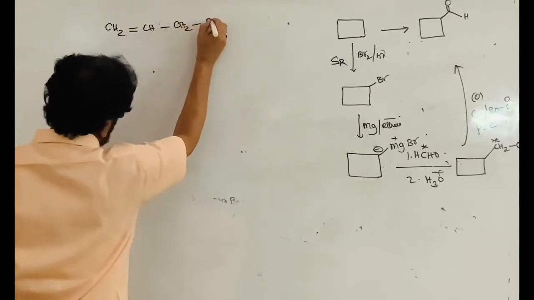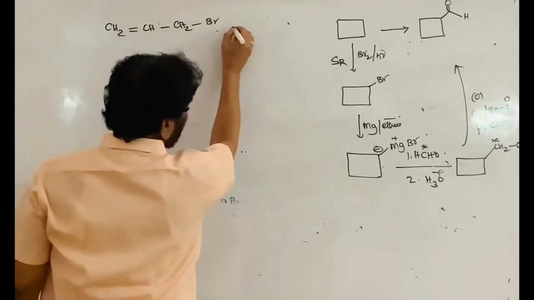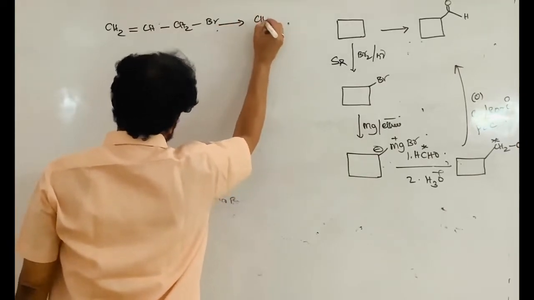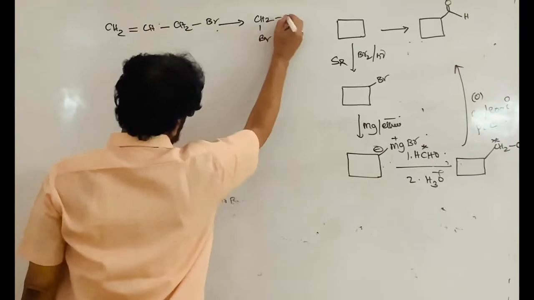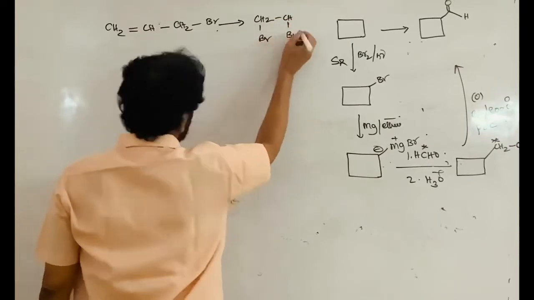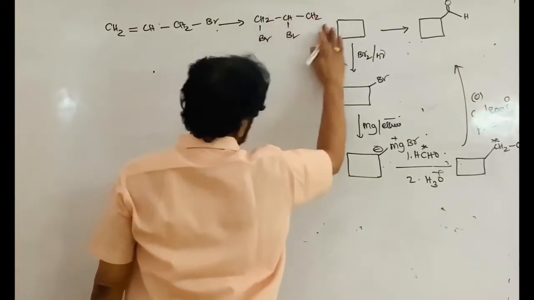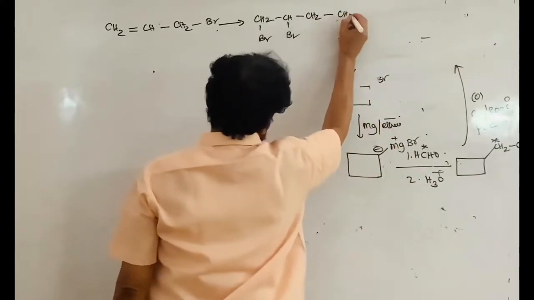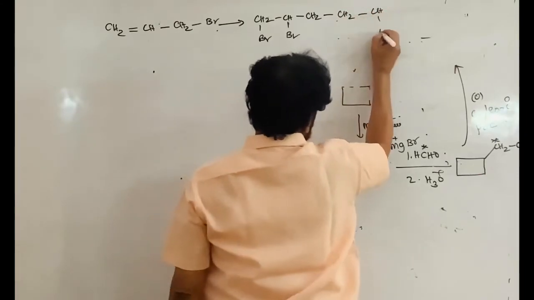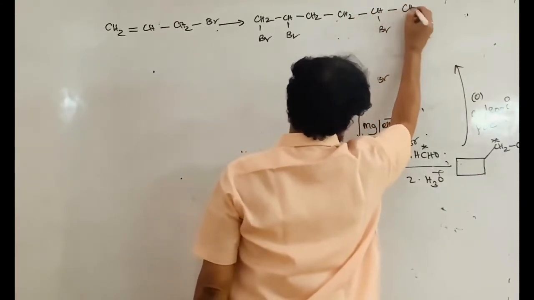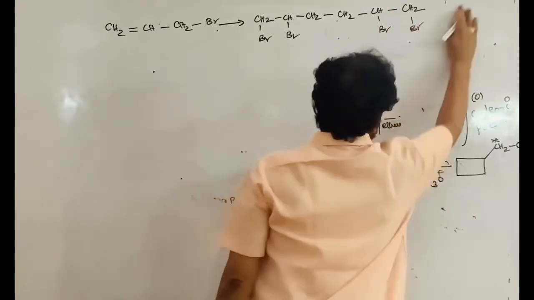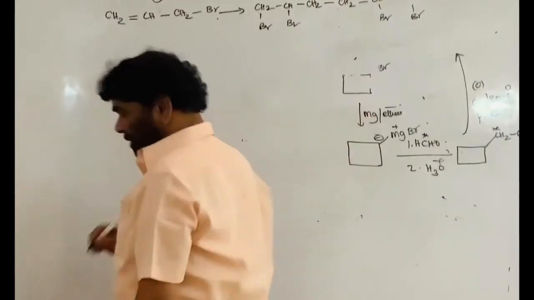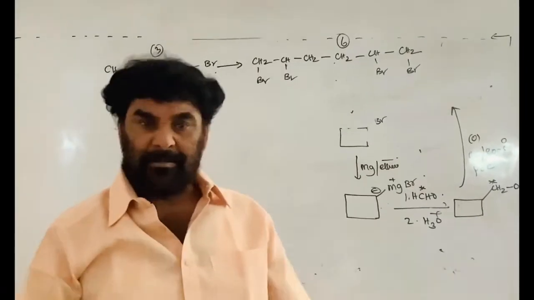Allyl bromide to CH2Br, CH2, CHBr, CH2, CH2, CHBr, CH2Br. See, this is the molecule with 3 carbon atoms, this is the molecule with 6 carbon atoms. The number of carbon atoms are increased.